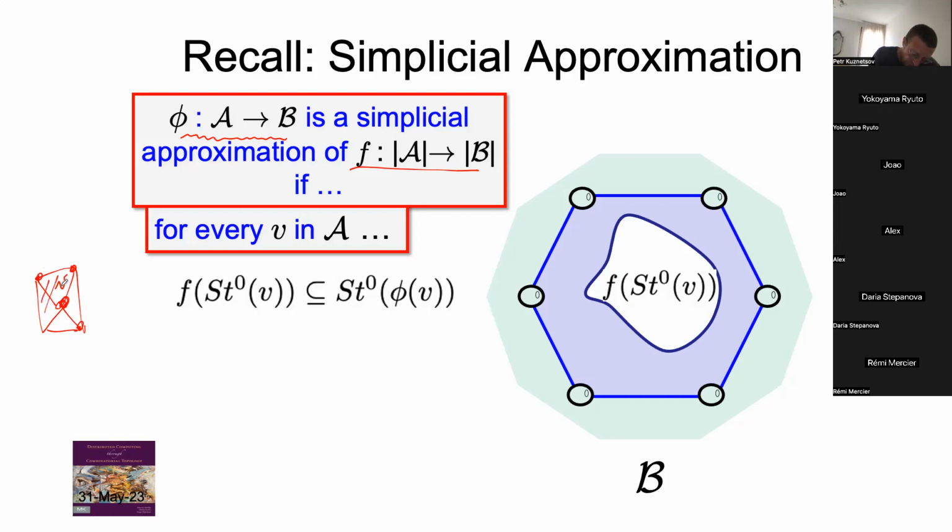I take all the interiors of the simplices which contain V, and that gives me all these points here except for the boundary. These are the simplices which do not include V, so they are not included.